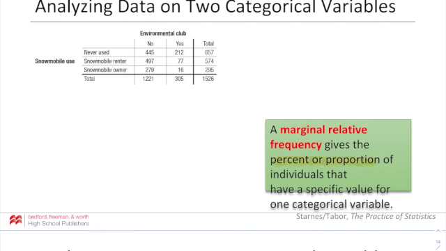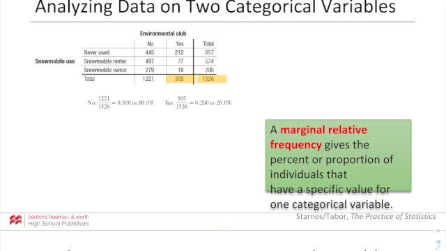It gives us the percent or proportion of individuals that have a specific value for one categorical variable. So for instance, maybe we're looking at the percent that are not in the club. Well, that'd be 1,221 out of the total of 1,526 people that were in this survey.